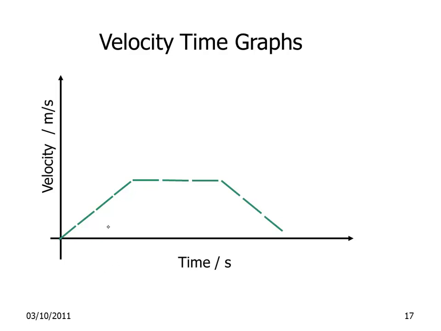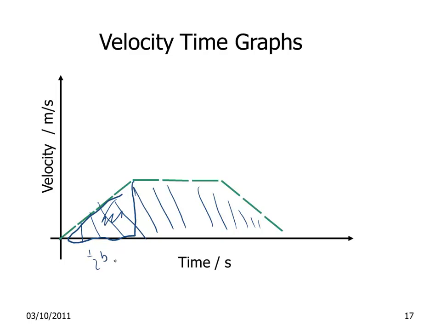The main reason why we use velocity time graphs is that there's something about them: if we know the area underneath this graph, so to do that we'd have two triangles, this triangle here, so it's half the base by the perpendicular height, this triangle here, and then this rectangle which would just be the base by the height, and this would be half the base by the perpendicular height as well.